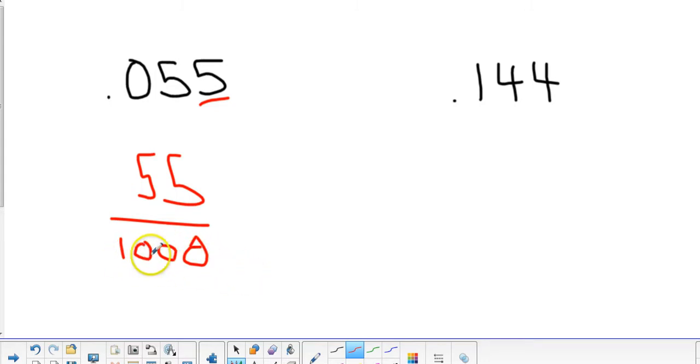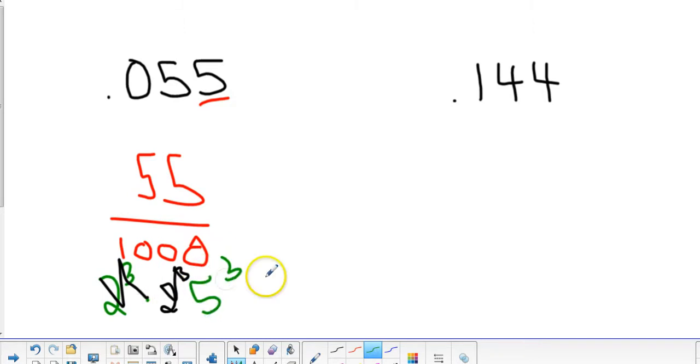This is, in fact, 10 to the third, so it's 2 to the third times 5 to the third.